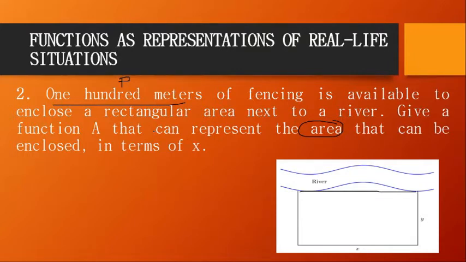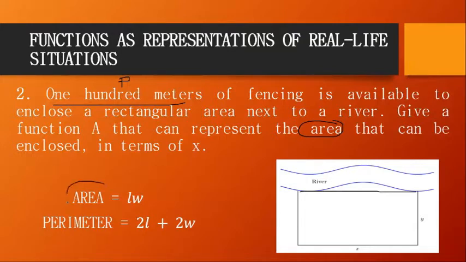Ibig sabihin, ang hinahanap natin dyan is the function of the area. Remember, the formula of having an area of a rectangle is length times width. And the formula for having perimeter is 2 length plus 2 width. Okay? Pero again, ang hinahanap lang natin dito is the area. Actually, ito na yung sagot natin.